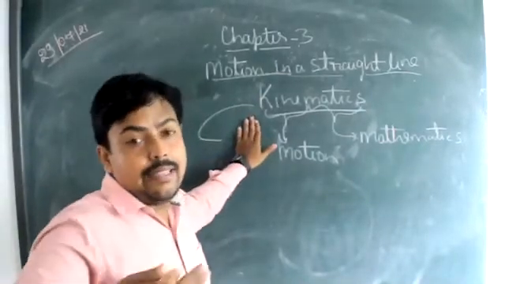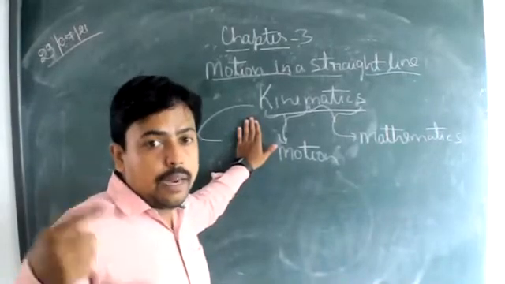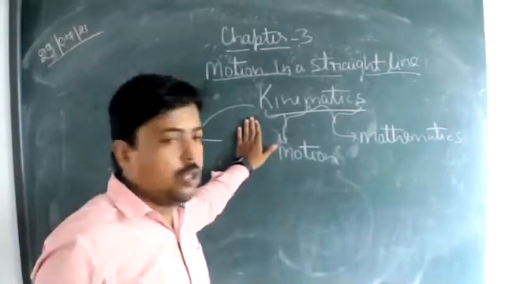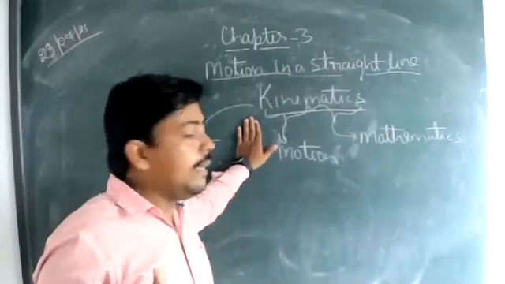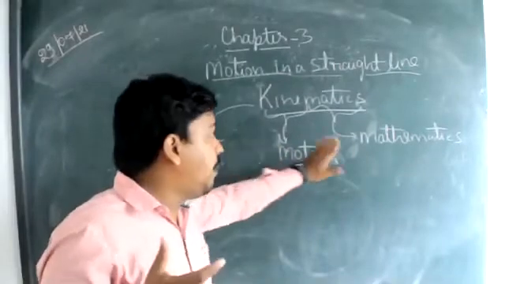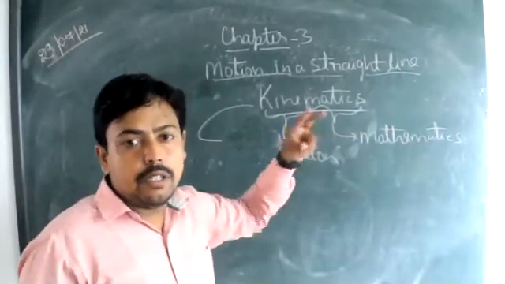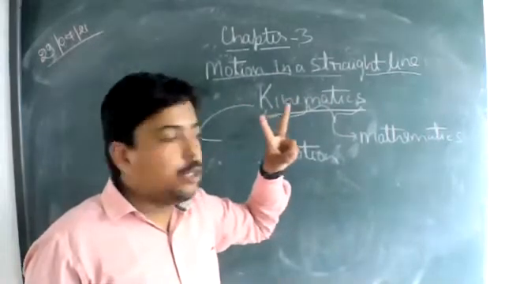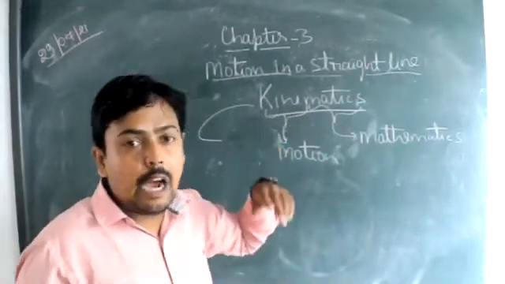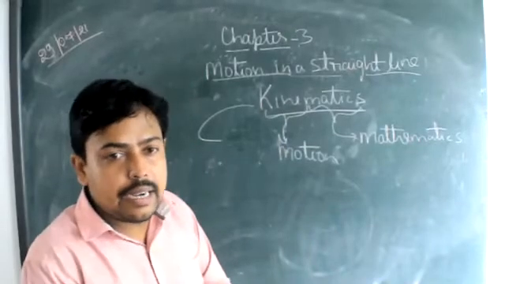From where did those equations of motion come? That may be a question in everybody's mind. The equations of motion can be derived with the help of some mathematical tools. In this chapter we will be talking about two methods of deriving the three equations of motion which we studied in class 9.